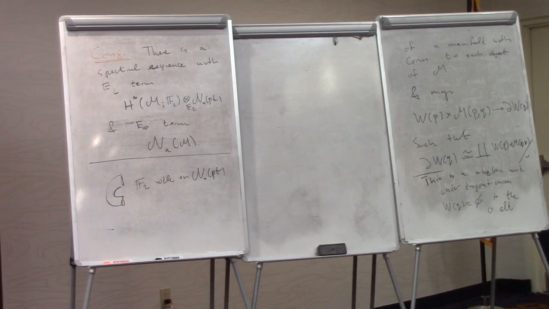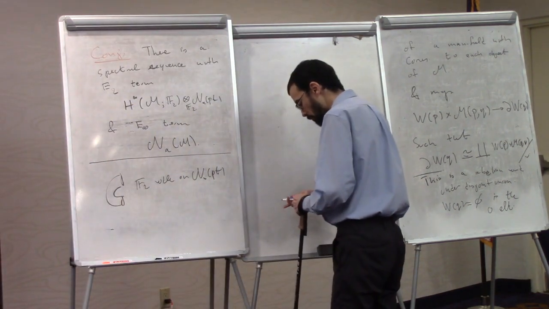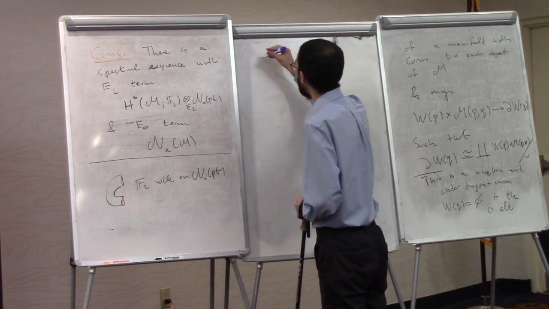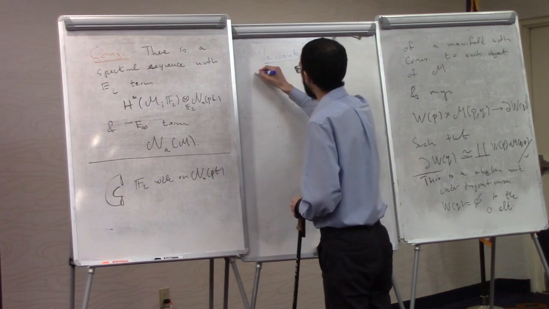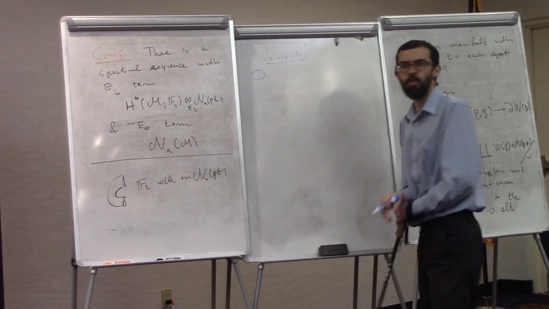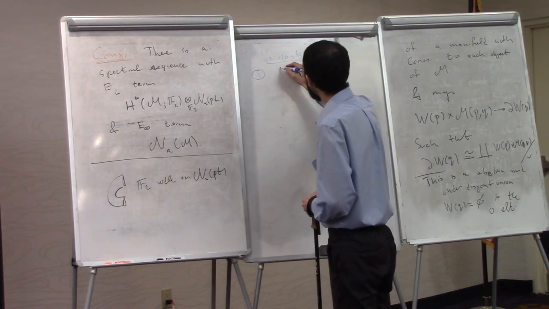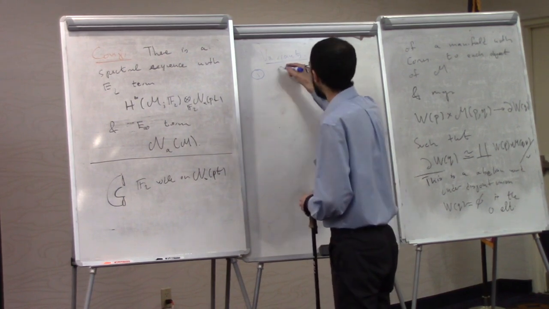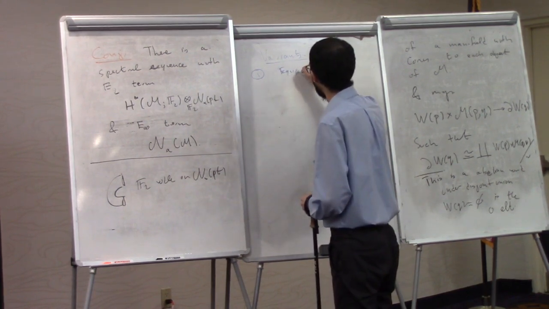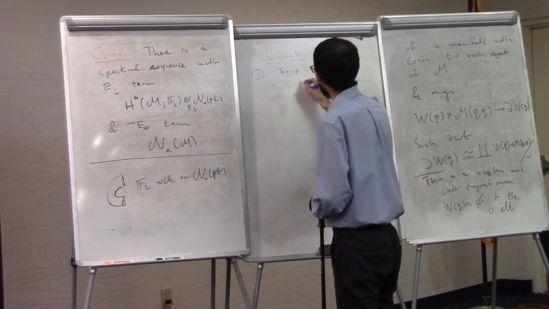The first variant is the one that would be kind of most natural to discuss: we should have some Z grading. So we equip M with a Z grading.